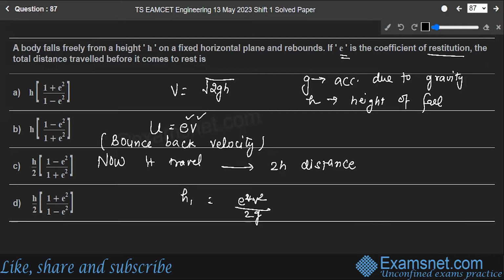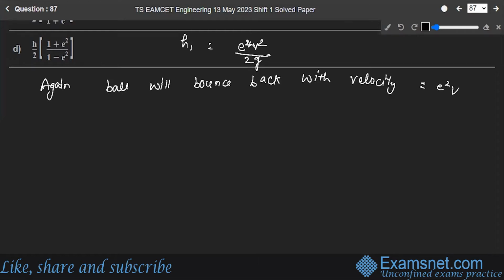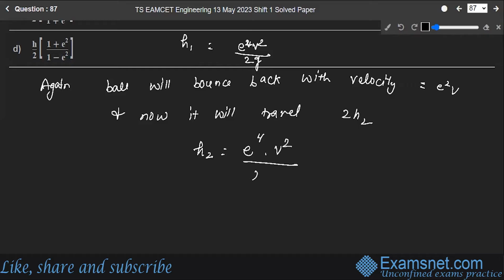Again the ball will bounce back with velocity e square v, and now it will travel a distance of 2h2. Therefore h2 is equal to e power 4 multiplied by v square upon 2g. Hope we are clear till here.